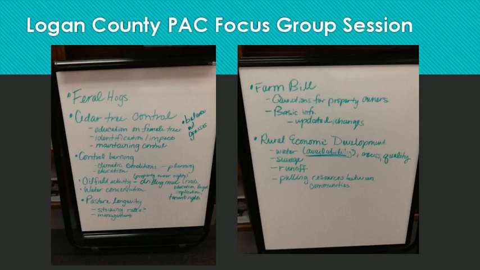Also looking at controlled burning. Oil field activity was a big one, pertaining to drilling mud, water conservation, looking at pasture longevity. At the time that I conducted this meeting, the Farm Bill was a really big topic, and so folks were wanting information pertaining to the Farm Bill, and also rural economic development.